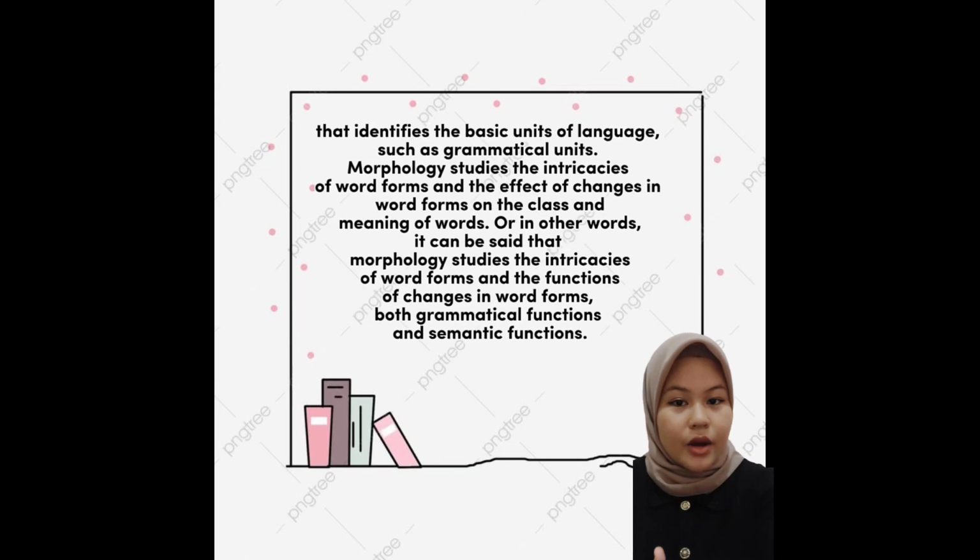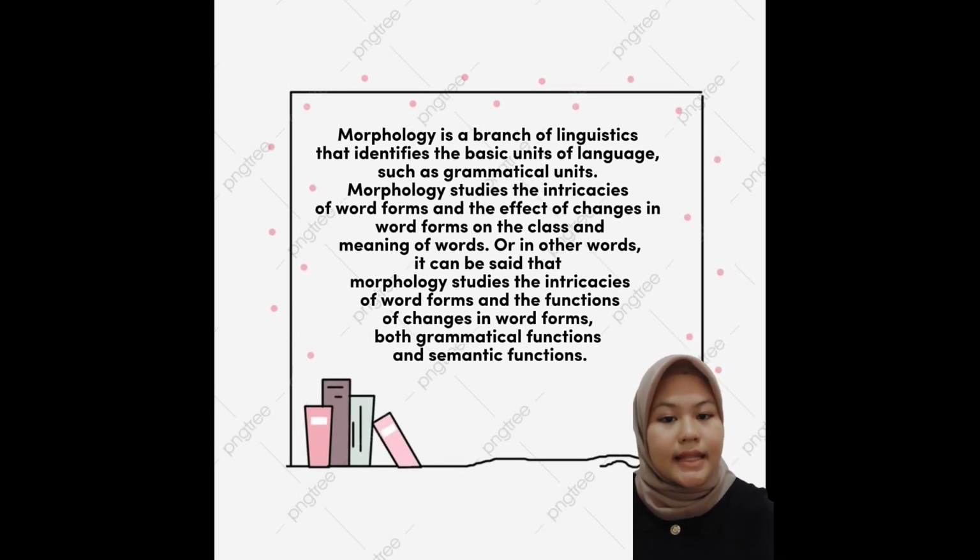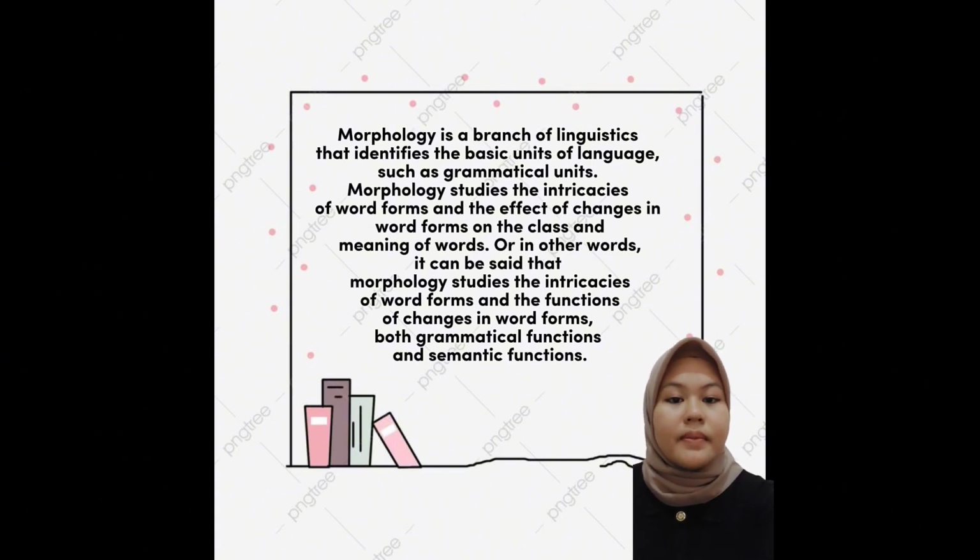As we already know, morphology is a branch of linguistics that identifies the basic units of language, such as grammatical units. Morphology studies the intricacies of word forms and the effect of change in word forms on the class and meaning of words.